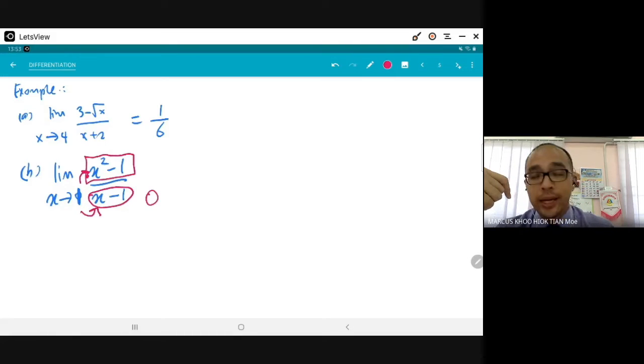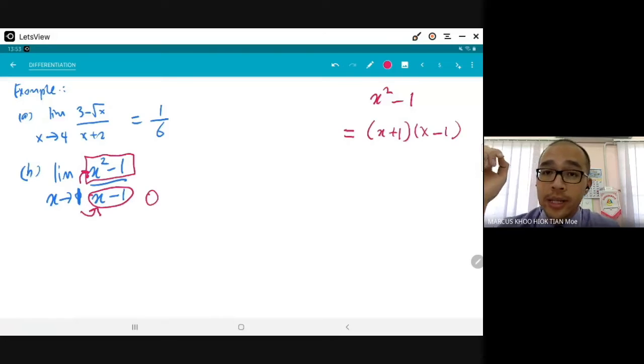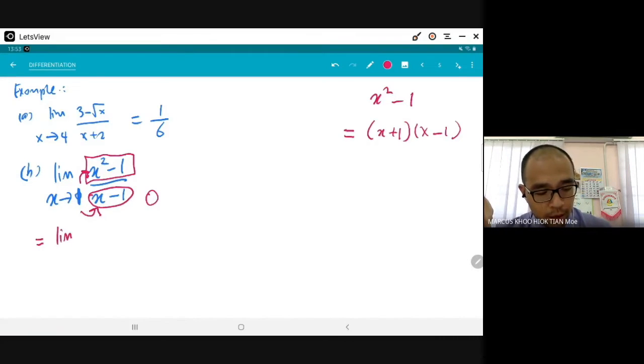And kalau kamu ingat from your form 3 and form 4 days, okay, x squared minus 1, actually you can factorize to become x plus 1 and x minus 1. Okay, the factorization of this. So, I can change this to become the limit of x plus 1 and x minus 1 over x minus 1 when my x is approaching 1.